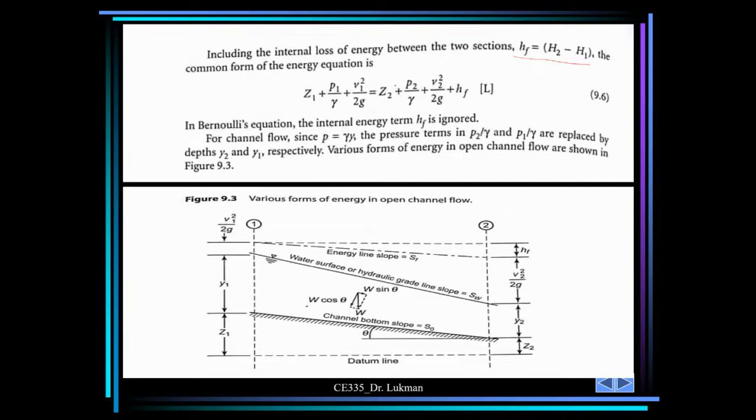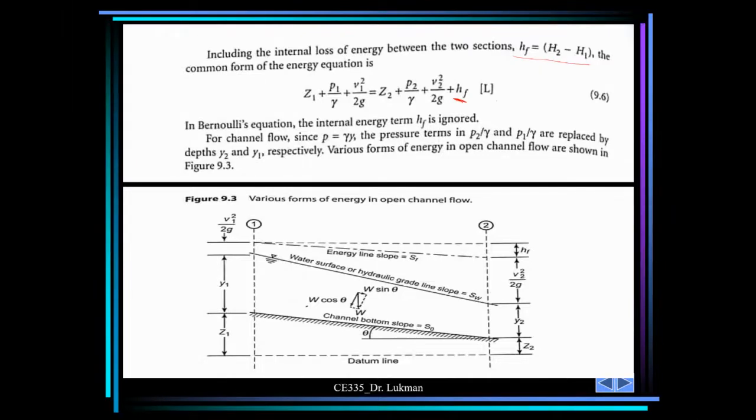So the form of the energy equation is now given as, including the head loss, which is H2 minus H1. We now have HF here, which takes care of the head loss occurring.